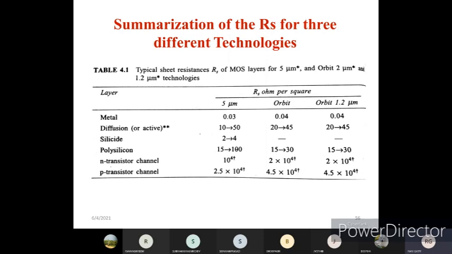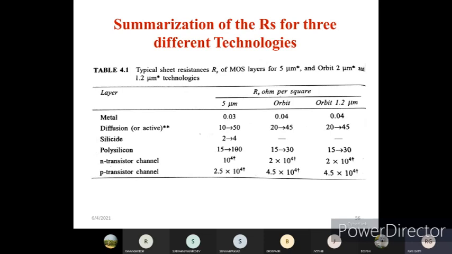In most cases we use the 5 micrometer technology for the implementation of the VLSI fabrication process. In the 5 micron technology, what are the different sheet resistances for different elements of the MOS transistor fabrication process? It has been summarized here.